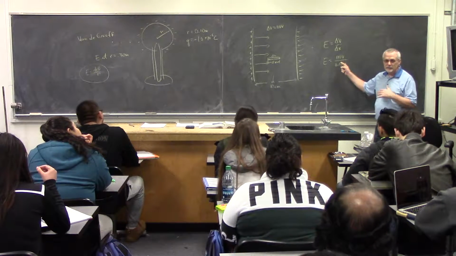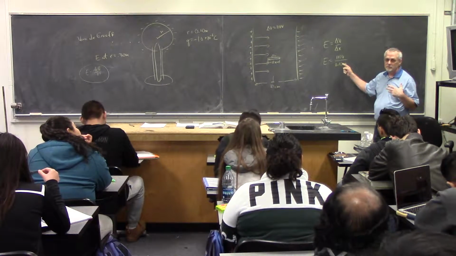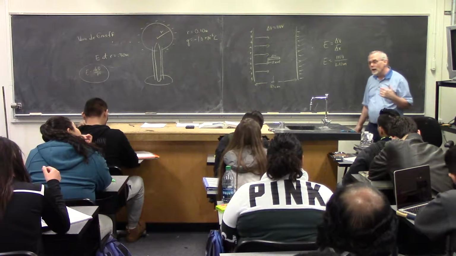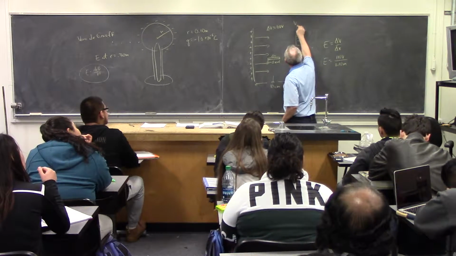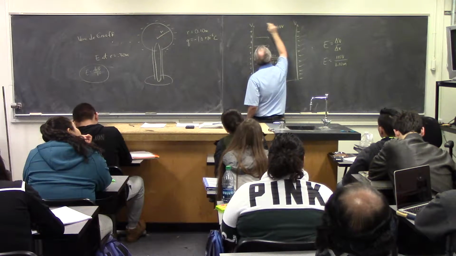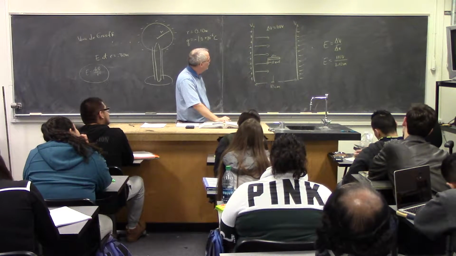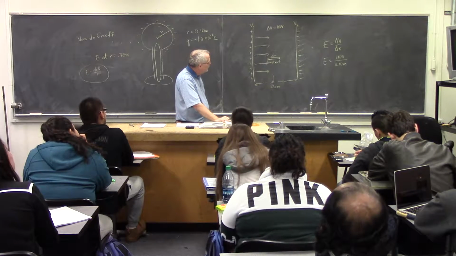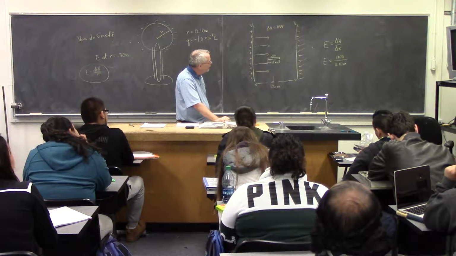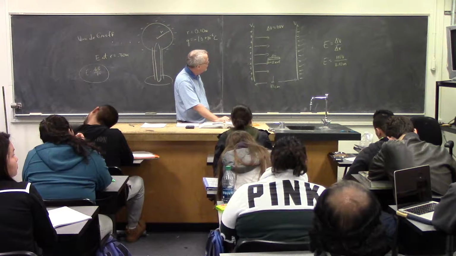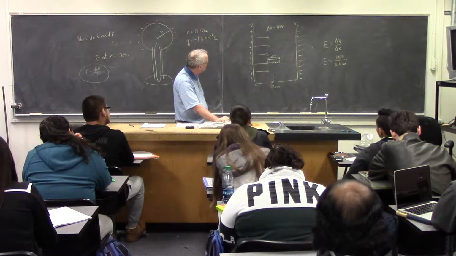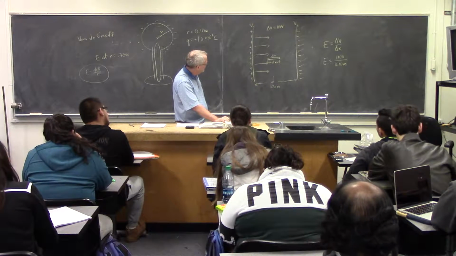The voltage difference, is it positive or negative? So how do you measure difference? This is my V2 and this is my V1, so it's V2 minus V1 that should give me the field. I'm trying to think how to reason that out. I know what the answer is. It's got to be a positive field because it points to the right.